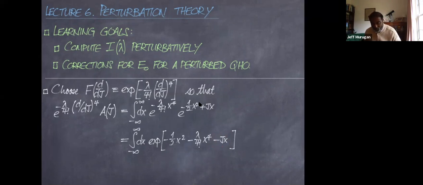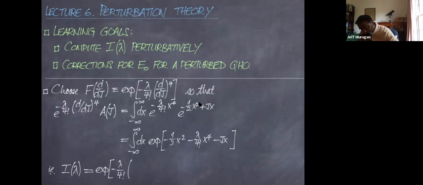In other words, the integral we want, I of lambda, is nothing but the exponential operator minus lambda over 4 factorial d by dj to the 4 acting on A of j, all evaluated at j equals 0. Can you see that?